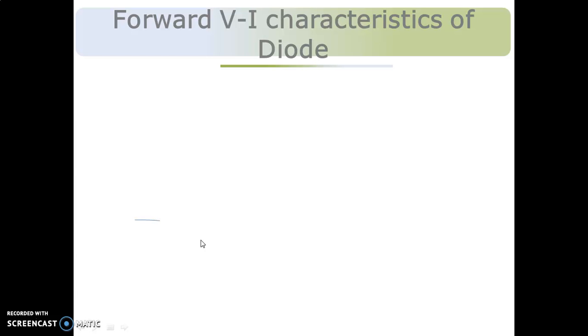Now let us see the forward VI characteristics of the diode. These are the characteristics which are plotted in between the forward voltage and forward current. Now, as we go on increasing the value of VA, the effect on current will be observed like this. This is an exponential graph.